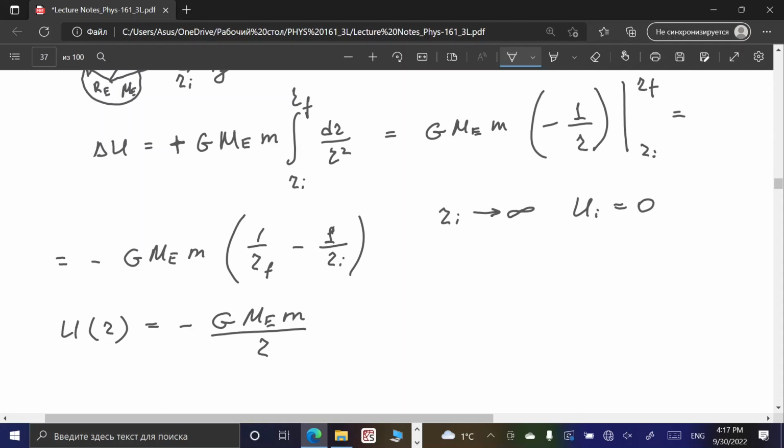So this is the expression for potential energy in gravitational field, and we will operate with this equation further. So minus here means that we deal with attractive force. The gravitational force is attractive.